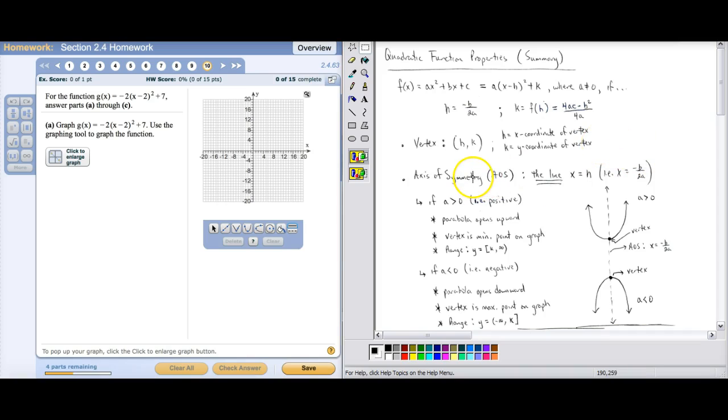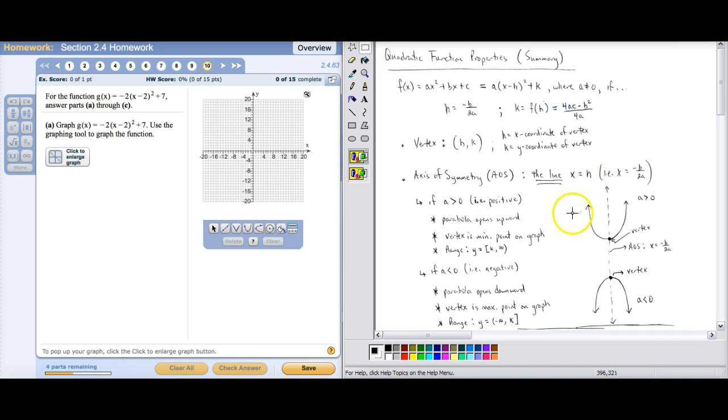The x coordinate for the vertex doubles as the number for the line of symmetry. So x equals h is the vertical line for the axis of symmetry, the line about which the parabola is symmetric.